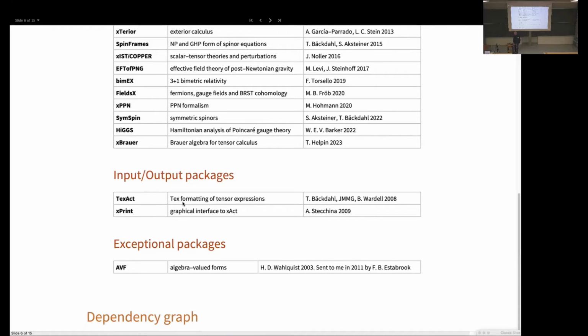There are a couple of packages to input tensors, that's xPrint, and to output in TeX huge expressions, xAct. This is something that Thomas and Barry Waldrop wrote. And then there is an exceptional package written long ago by Hugo Wolkist, and he passed away, and his collaborator, Frank Stabrook, sent it to me. So I'm now the keeper of this package.